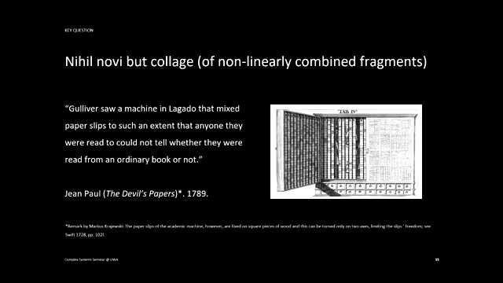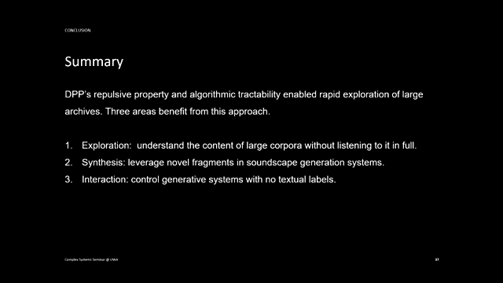Yep. So to summarize, DPP offers an avenue to explore those generative systems and very large spaces of collections in a tractable way. And this is because of the novelty or the repulsive property.